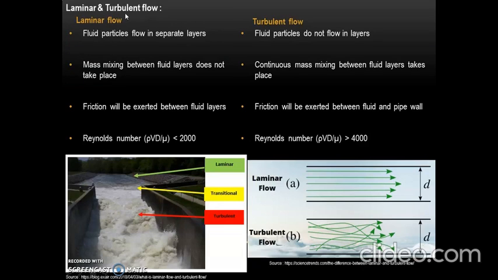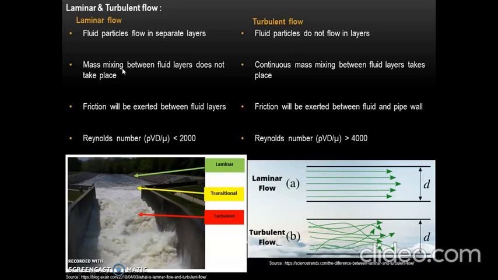Next is laminar and turbulent flow. In case of laminar flow, fluid particles flow in separate layers. So here we can see that the particles are following a definite path. And in case of turbulent flow, fluid particles do not flow in layers.